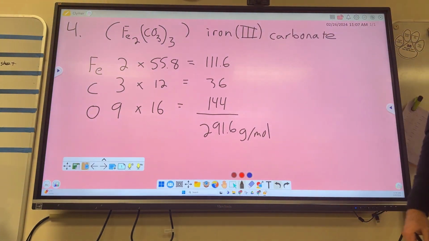So again, your molar mass of iron 3 carbonate, 291.6 grams per mole.